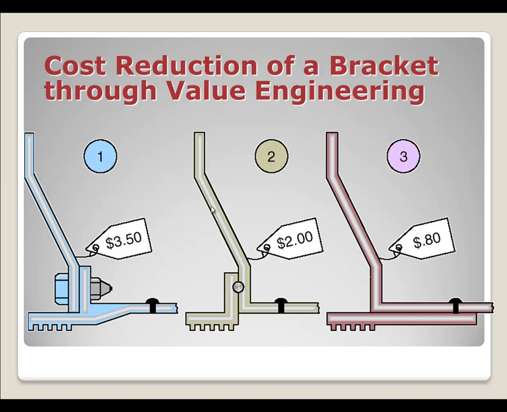For example, the bracket shown in figure 1 or in part 1 was made from a different material. As you can see, the color of the material is different, and it was welded with screws and bolts.